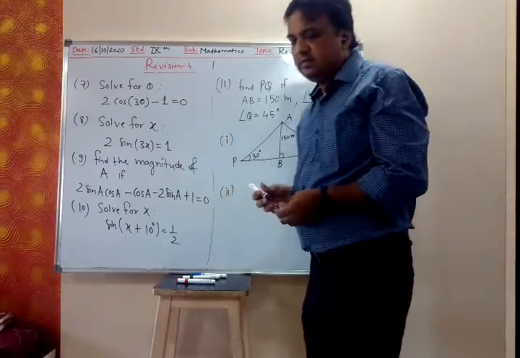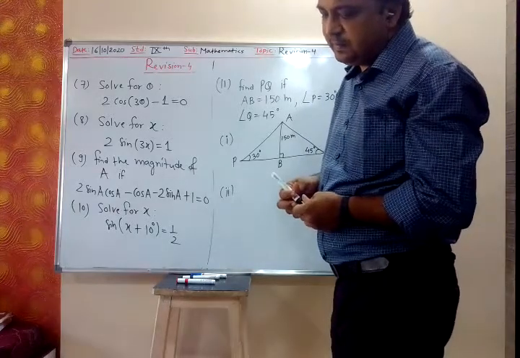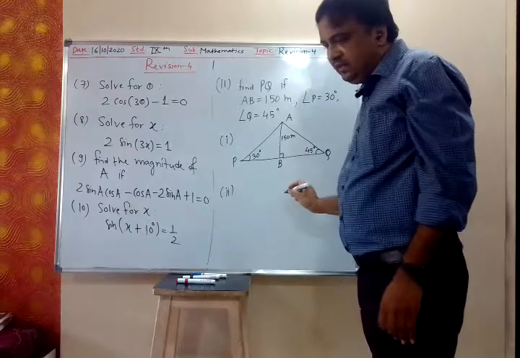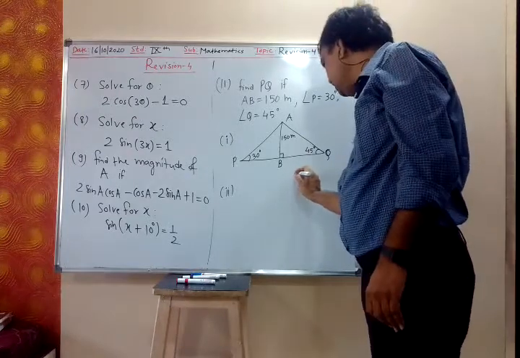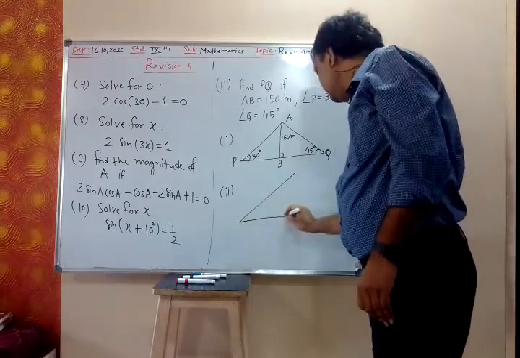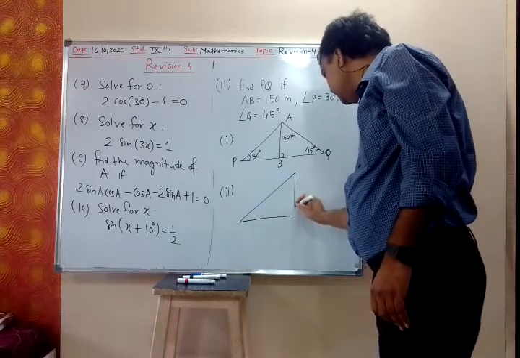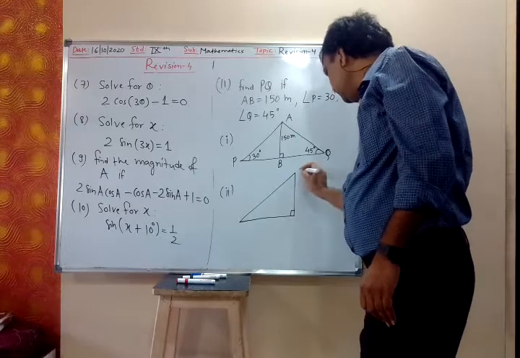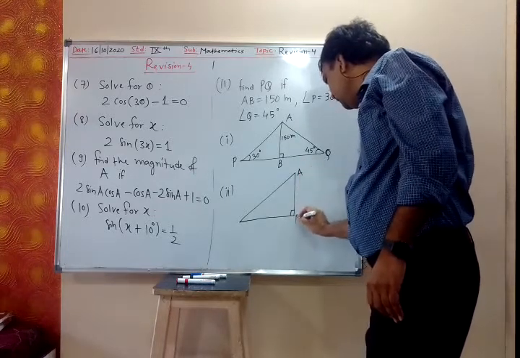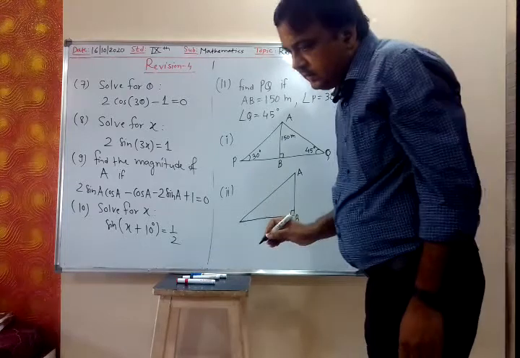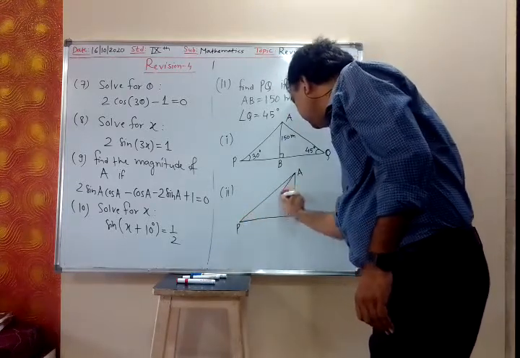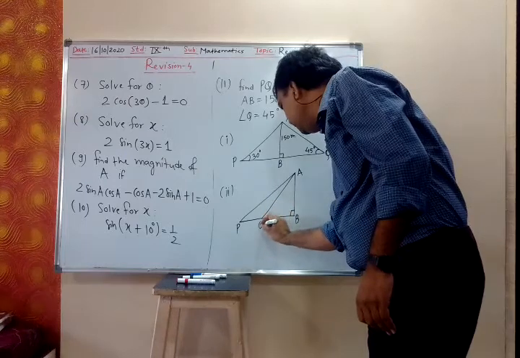No, this is not solid. This is from solution of right triangles. Then this is 90 degree, AB, ABP. Then Q is there. PQ.